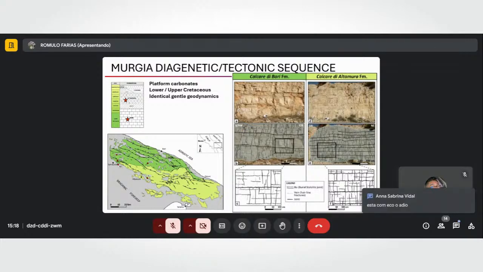And you can look on these pictures here that the fracture pattern is about similar. So we have very homogeneous carbonates with little bedding. And here you see that the bedding is enhanced by stylolites, and we have quite diffuse fractures. Here it's just a little bit denser, but more or less it's the same.